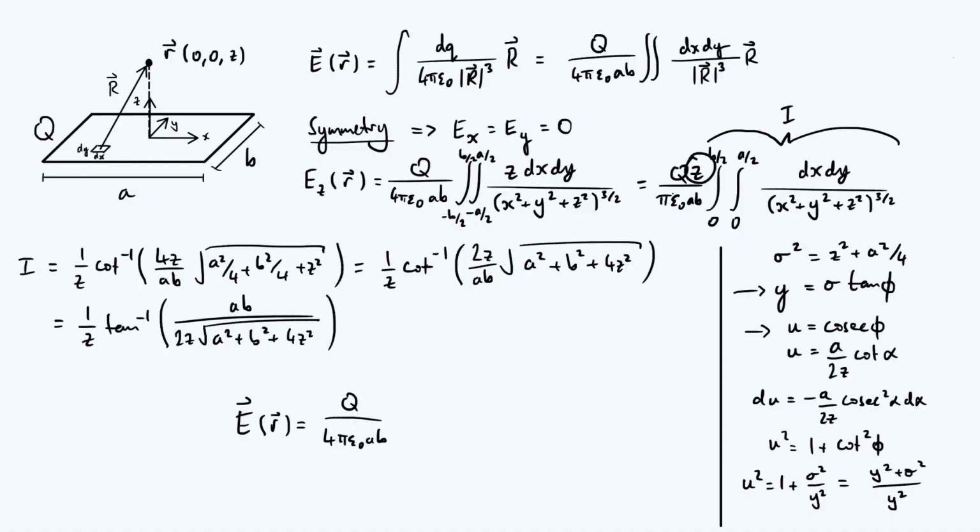What happened to this z? Well, it's going to cancel with this 1 over z when we multiply it by I. Then I'm going to get this inverse tan factor. Let's see if I can just copy and paste that. So that's the contribution of the integral I, and then we can just put that in the z hat direction to turn it into a vector.